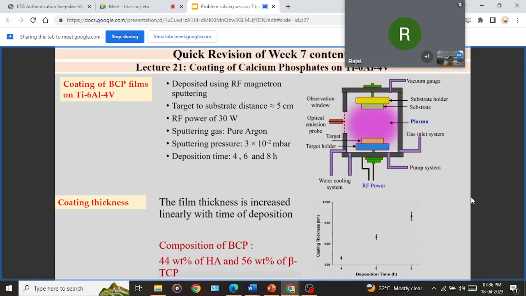At around 4 hours of deposition time, the coating thickness is between 400 to 500 nanometers. The composition of BCP here is 44 weight percent hydroxyapatite and 56 weight percent beta TCP, that is tricalcium phosphate.